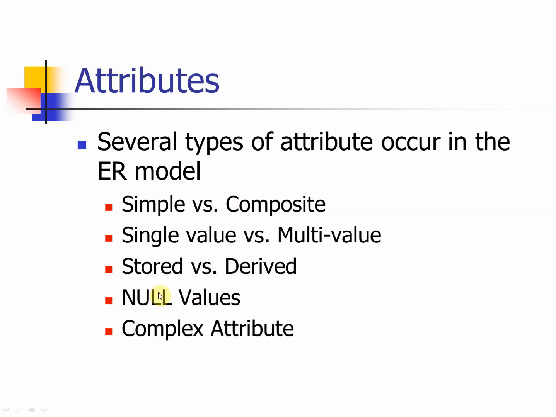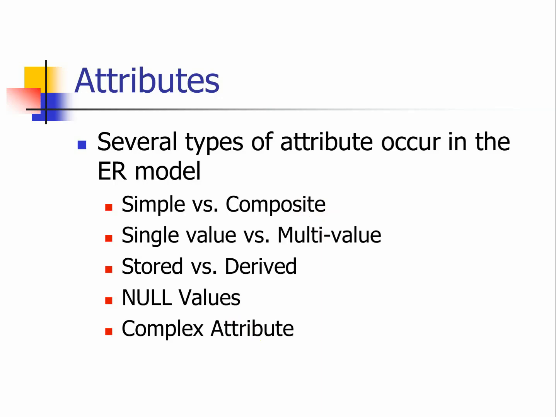Right now, you should already have some idea about null since you passed CS1, CS2, even data structures. In database, null can have additional meanings besides the null that you already know. So that's something we want to look into. Finally, a complex attribute is a combination of the composite attribute and multi-value attribute. Since two things combined together become very complicated, that's why we call it a complex attribute.